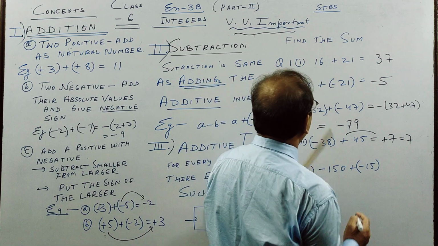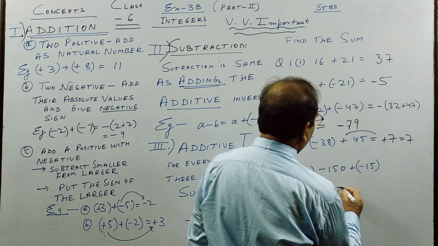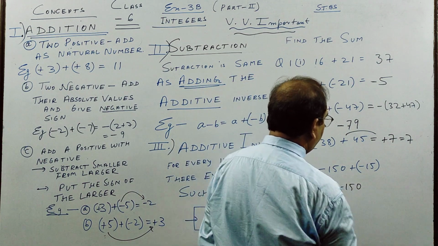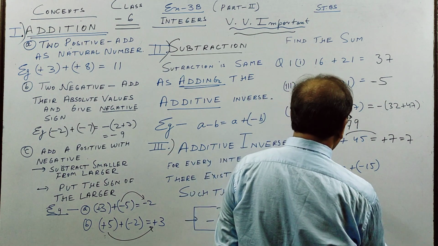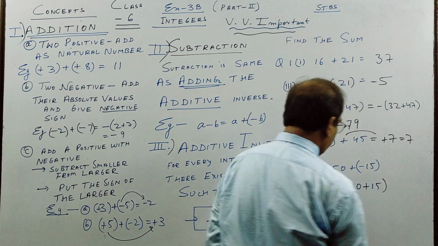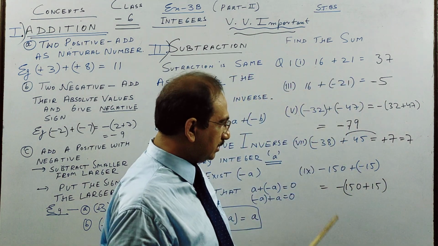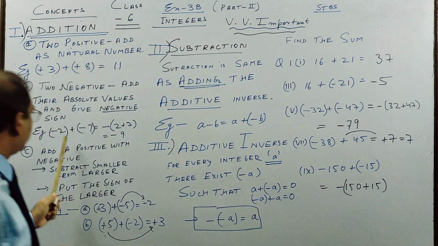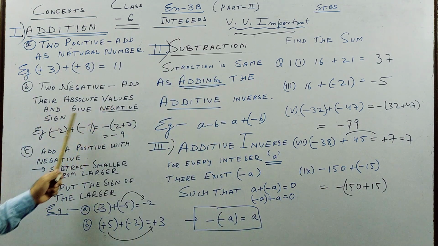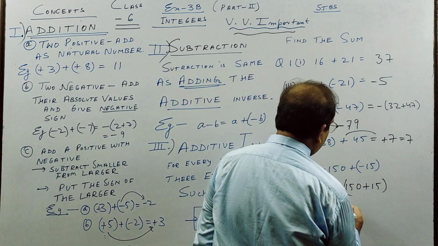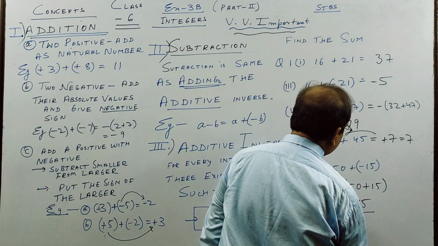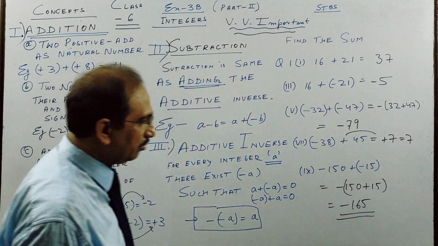And the last one, like before this one, take minus 150. Here we do the same thing, and we add 15. Both are minus like this. So what we do, both are negative. When both are negative, we add their absolute values and put the negative sign, because both of them are negative.